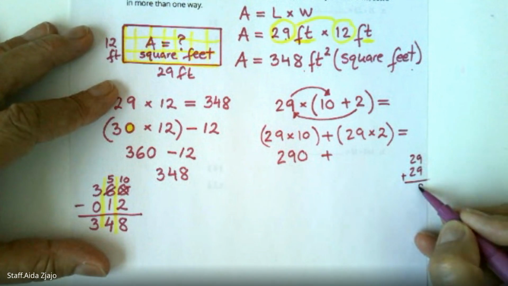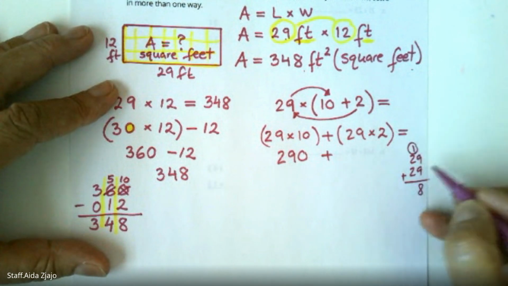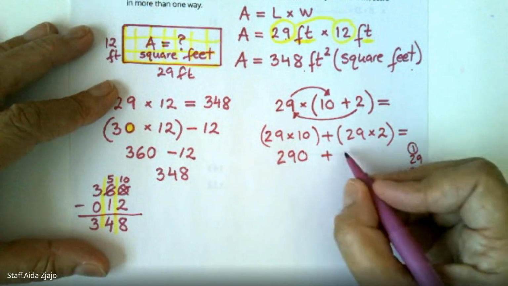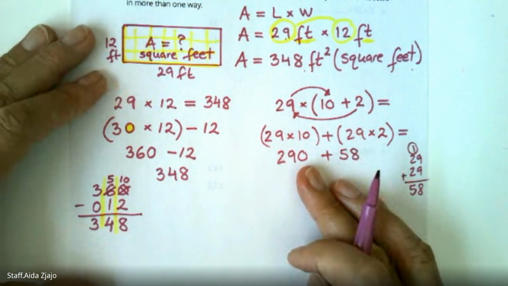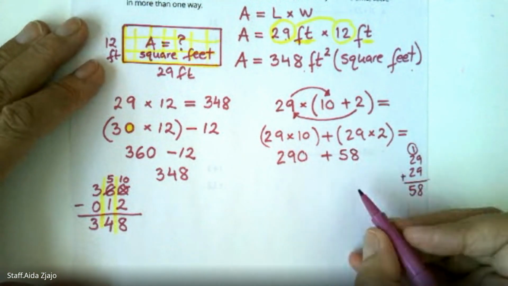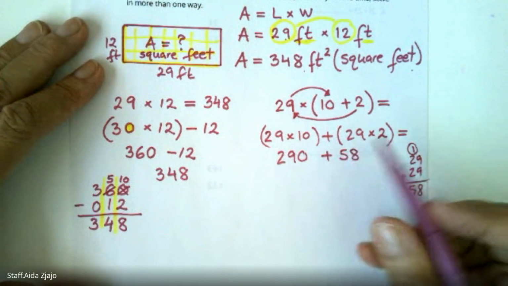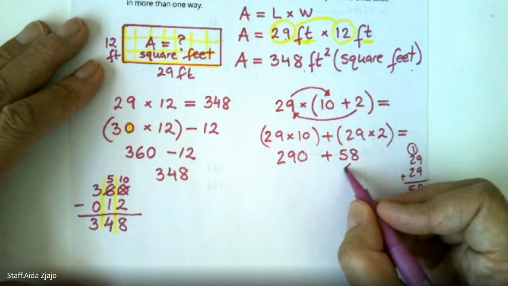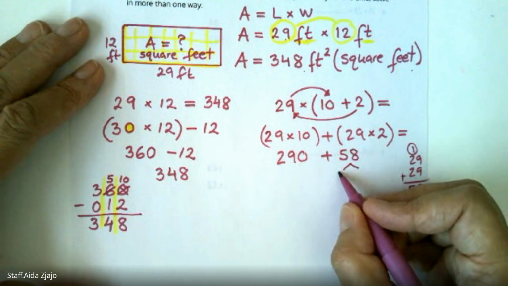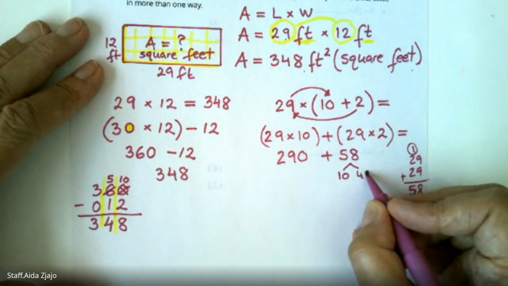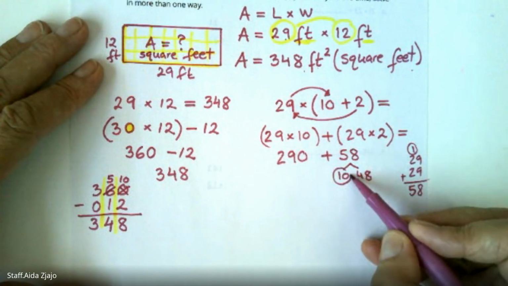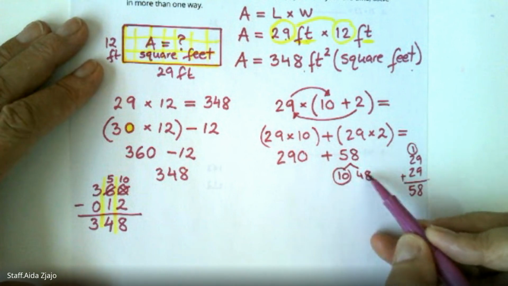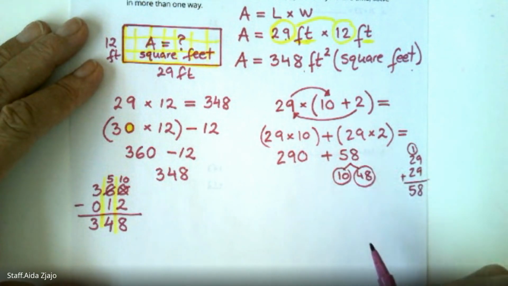So 9 plus 9 is 18, remember 1, and that is 58. Okay, now we add 290 plus 58. So we can think about decomposing 58 into 10 and 48. This is another strategy that you can think. Look, 58 is 10 plus 48, correct?